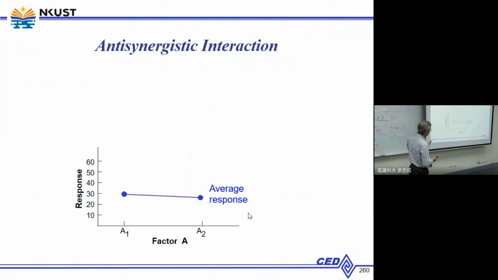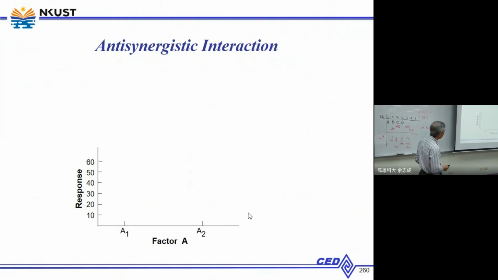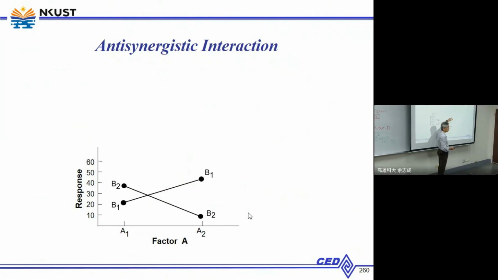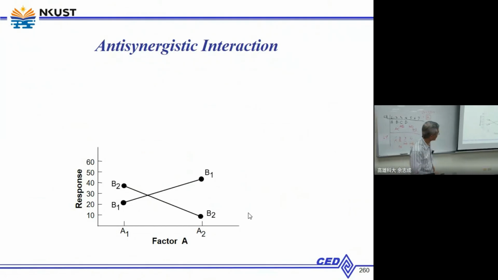But in the interaction plot, it might look like this when B is set at level 1, but will look very different when B is in level 2. You can see this has a positive slope, but here, when B is in B2, there's a negative slope. So we can see that the slope will change direction.